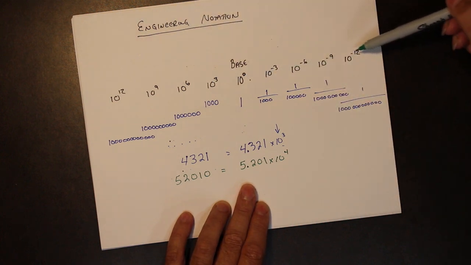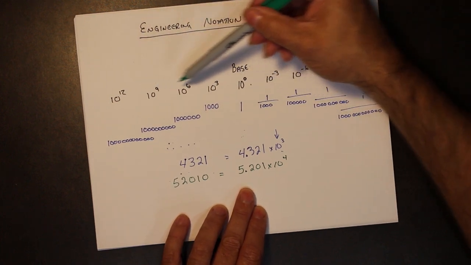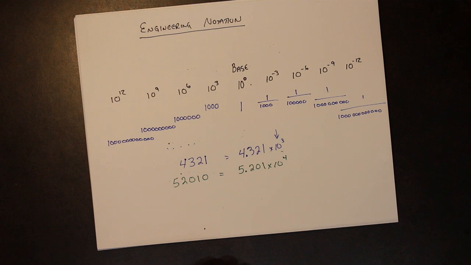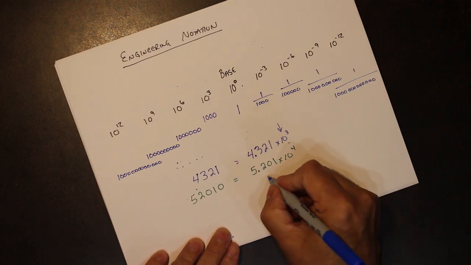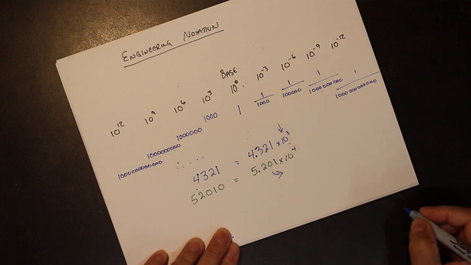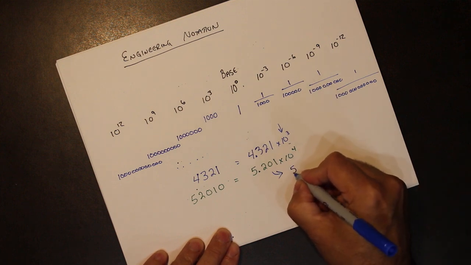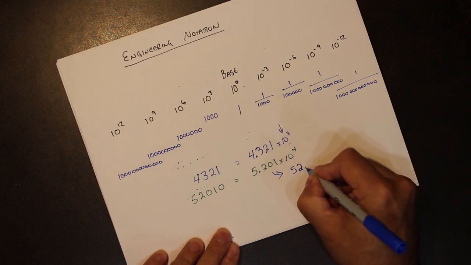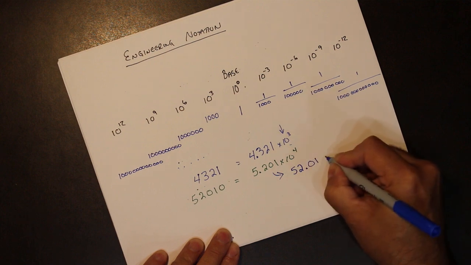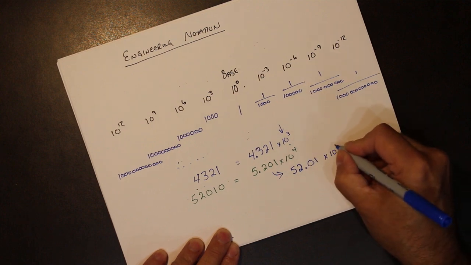We can only use these values that are given in engineering notation. So we would have to change that, and that would become, for engineering notation, 52.01 times 10 to the 3.